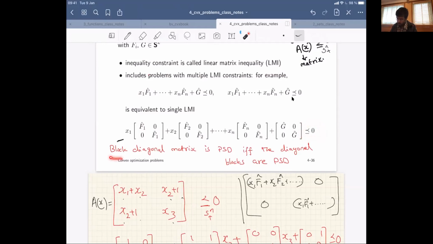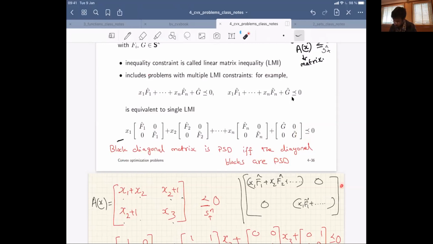I made the statement with respect to PSD, but in our case it is negative semi-definite; both are similar, and you can make the same statement for negative semi-definite.